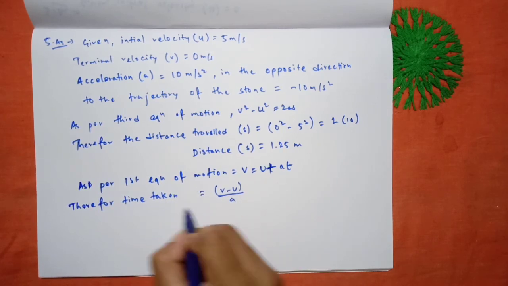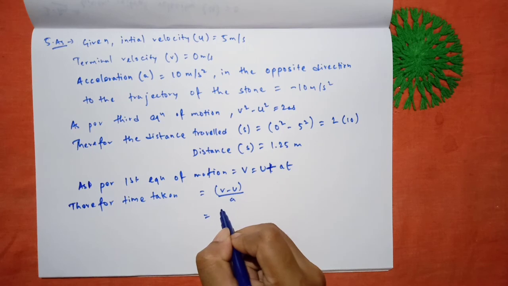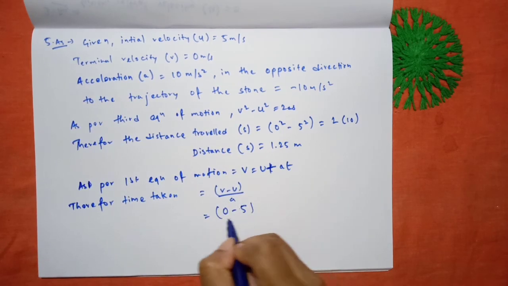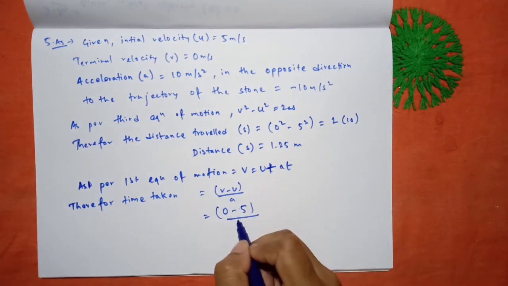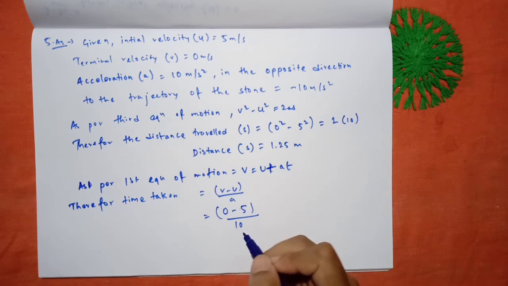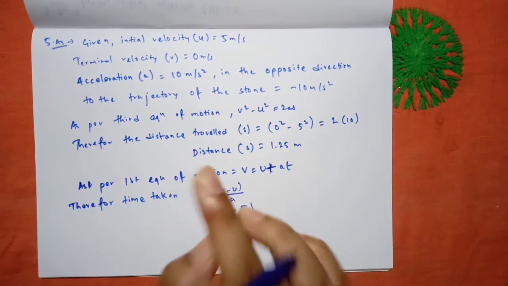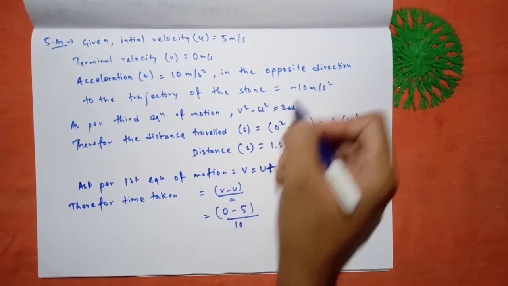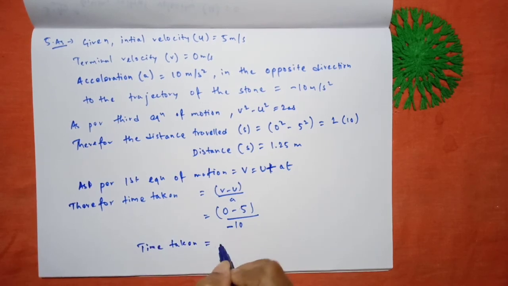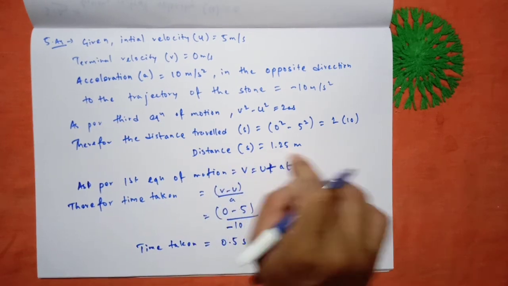So v is 0 minus 5, u is 5 divided by a, a is 10. Now we are finding the time taken to reach up that position. This will be the negative one. Now the time taken is 0.5 seconds.